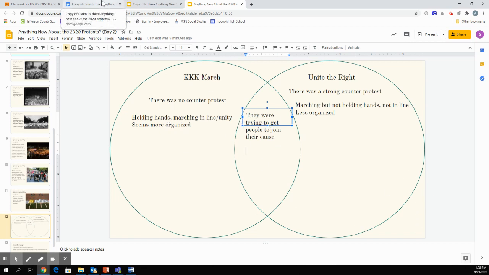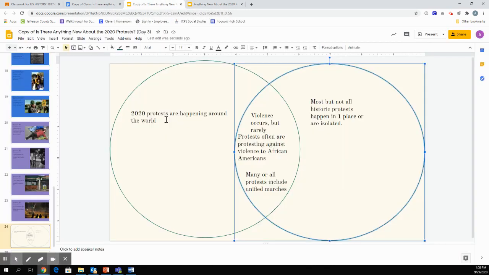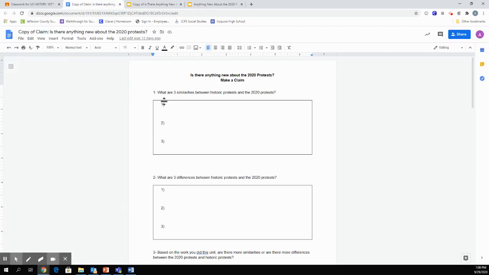So if I'm saying, is there anything new about the 2020 protests? Are there more things different or new? Or are there more things that are the same? And that's up to you to decide. So here, I'm just asking, what are 3 similarities that you put between historic protests and the 2020 protests?